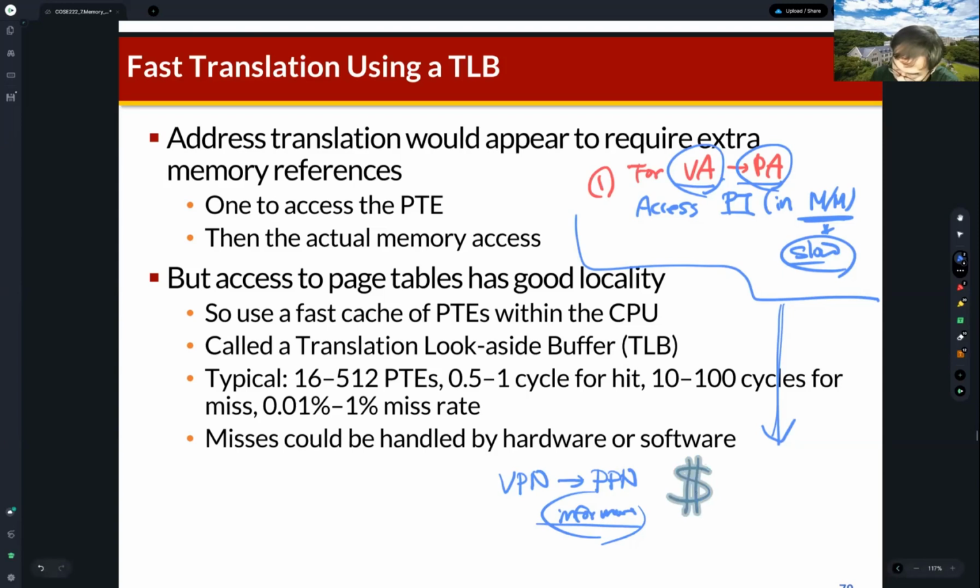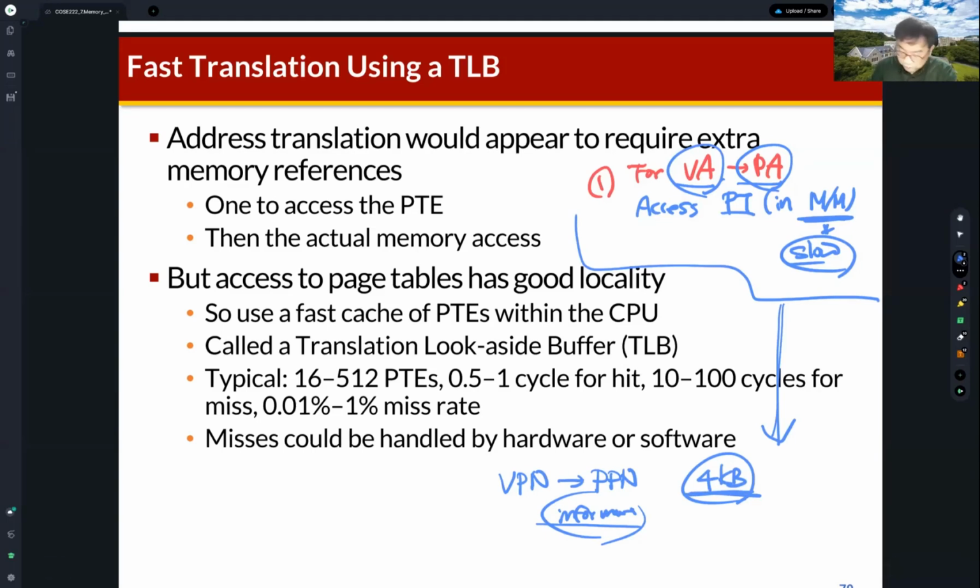And we know that when the virtual page number is translated into the physical page number, the page size is 4 kilobytes, which means this translation is required for a 4 kilobyte data chunk. Okay, it's 4 kilobytes.